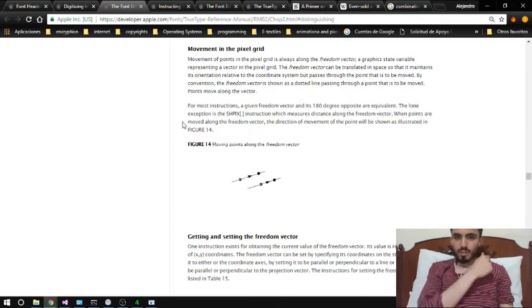A given freedom vector and its 180 degree opposite are equivalent. When points are moved along the freedom vector, the direction of movement of the point will be shown as illustrated in figure 14.